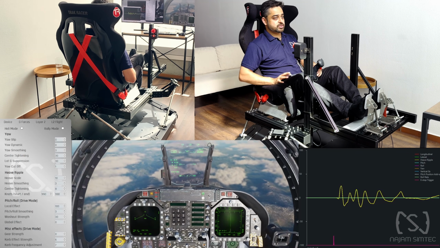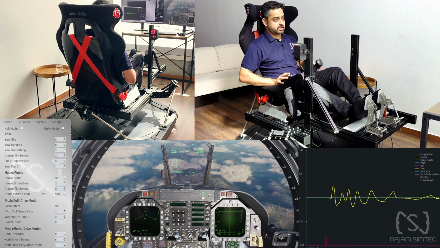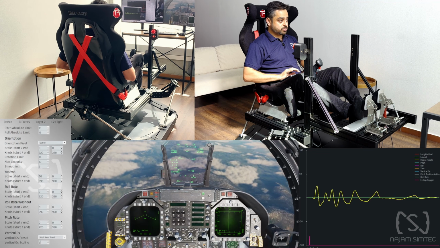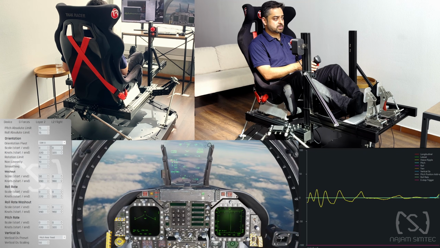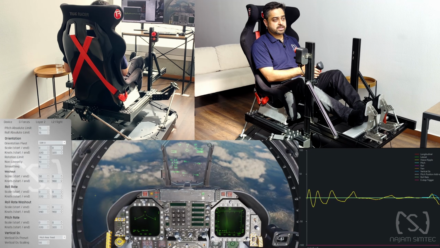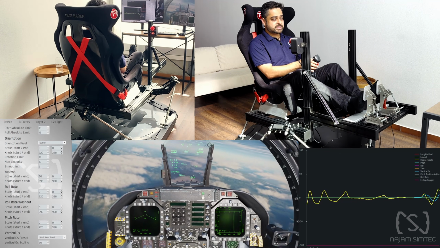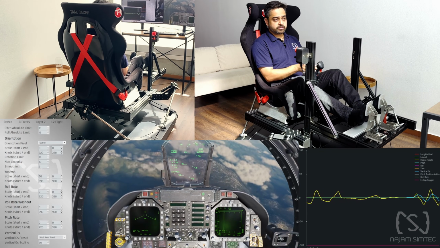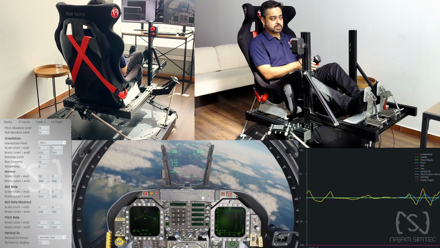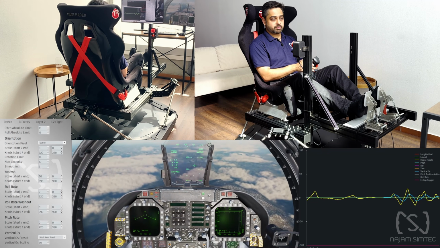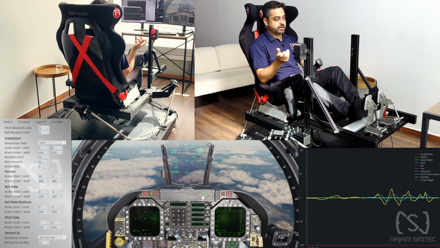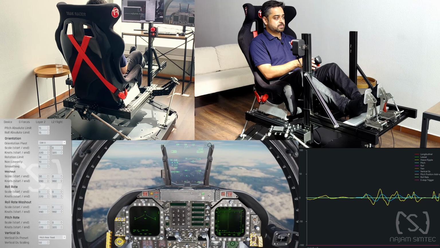For example, if I do it in this F18 with a combination of pitch mode, let's say if I add this a little bit, it's not as intrusive. I still feel a sort of uncomfortable spike coming in at certain points. These are things that we actually have to refine in our future updates.